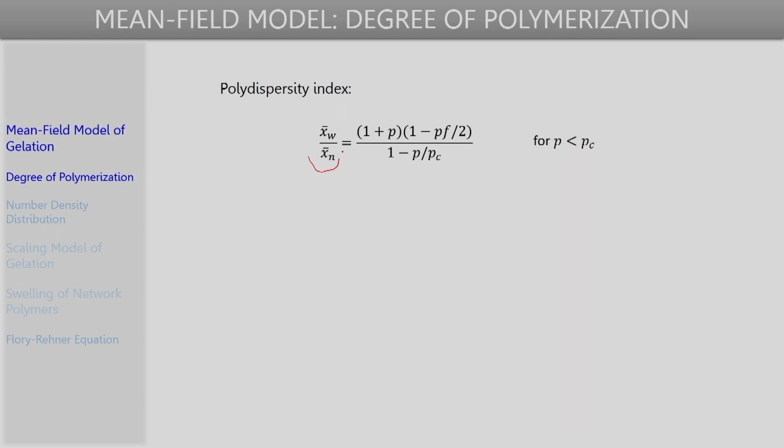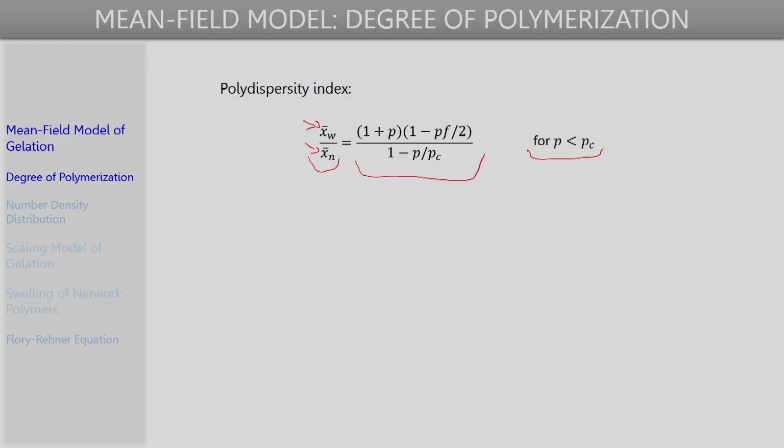If we substitute the expressions from the previous slide for xw bar and xn bar and simplify, the expression for the polydispersity index is this, again for P less than Pc, below the gel point. Here we again see that the denominator is such that at the gel point, when P equals Pc, this polydispersity index also tends to infinity and diverges. So this PDI also diverges at the gel point.